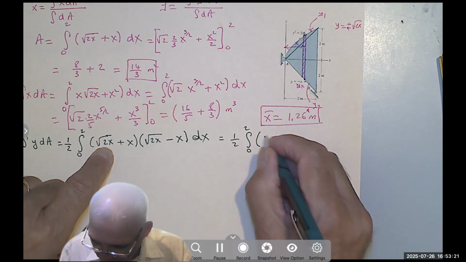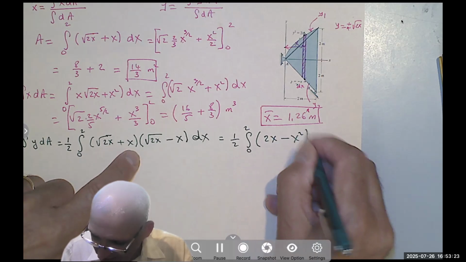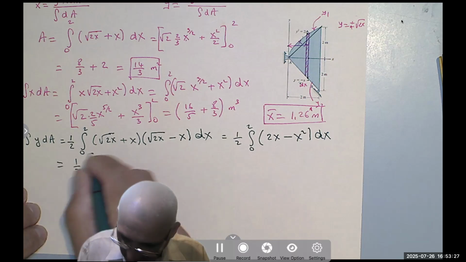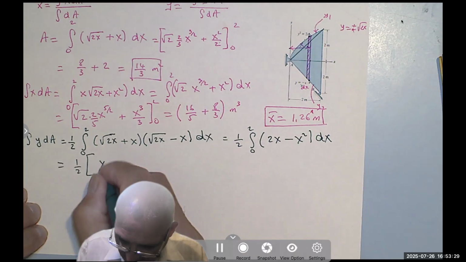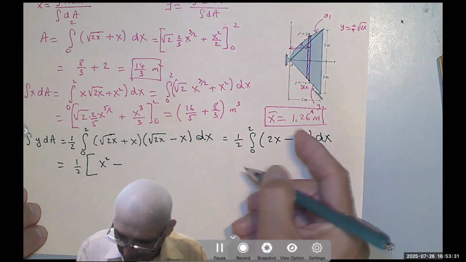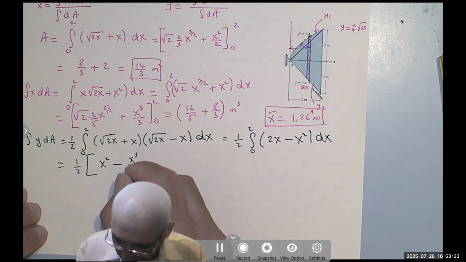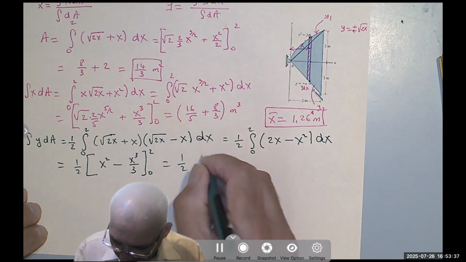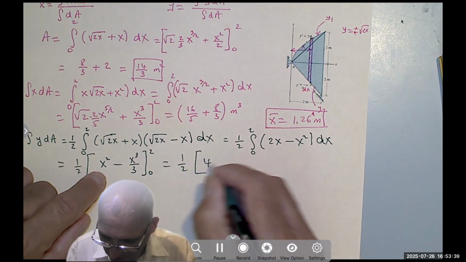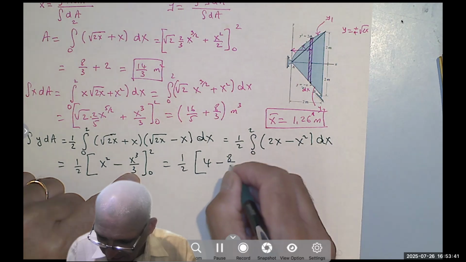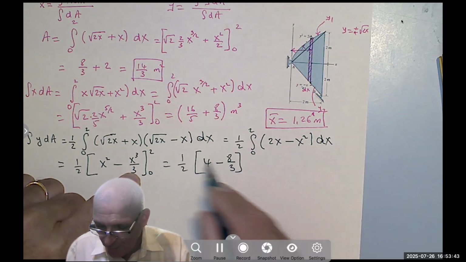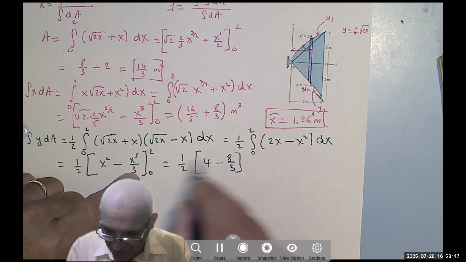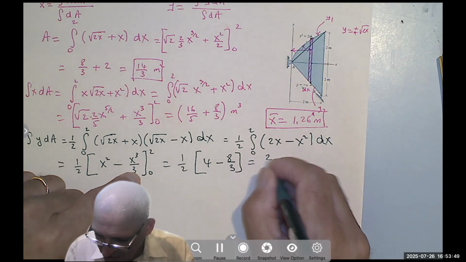integration. You get 2x minus x squared dx equals 1/2 times the integral of that, which is x squared. The integral of that is x cubed over 3, evaluated from 0 to 2, equals 1/2 times 4 minus 8/3. 4 is 12/3 minus 8/3 is 4/3, and 4/3 times 1/2 is 2/3.